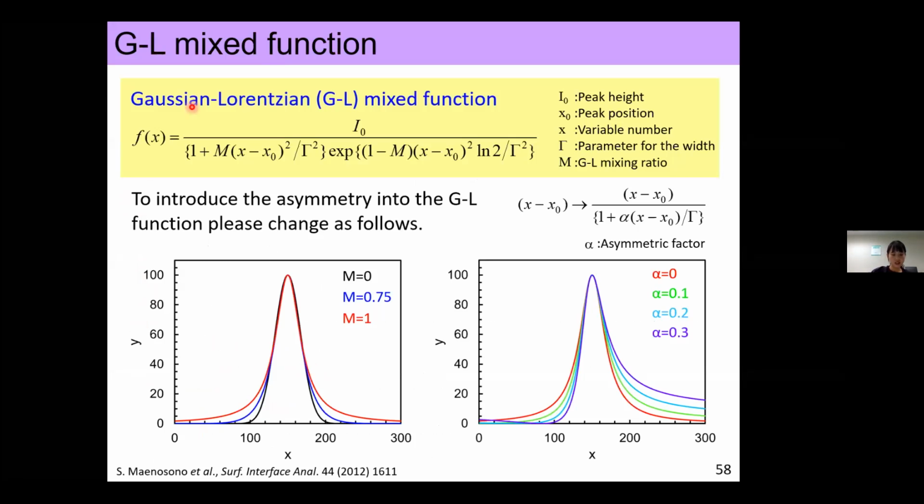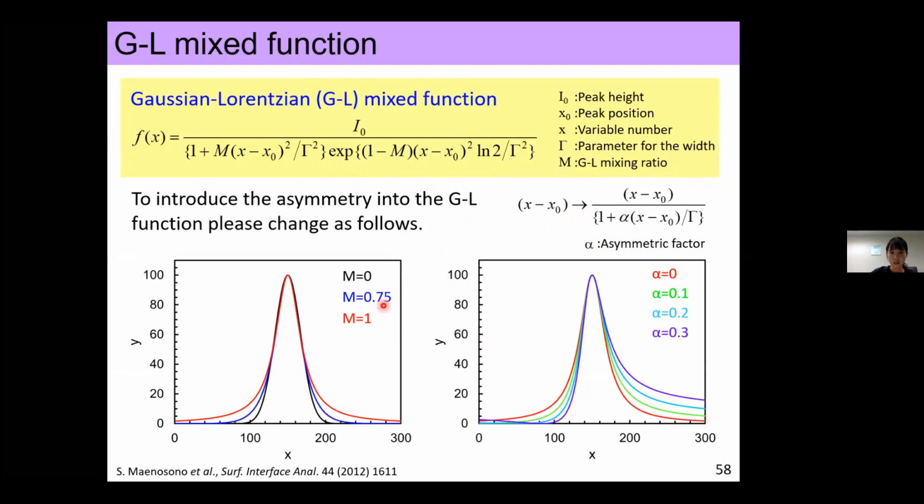So this is the equation of the Gaussian-Lorentzian mixed function. To induce asymmetry into this GL function, please change as follows. This x minus x0 becomes this one. Here I made several types of functions using this equation.